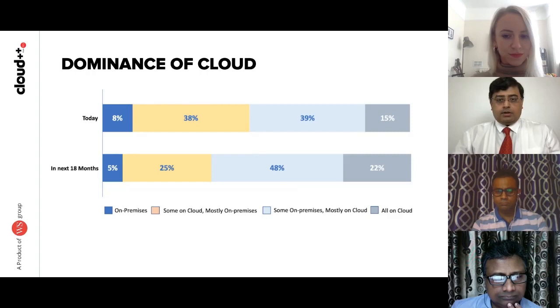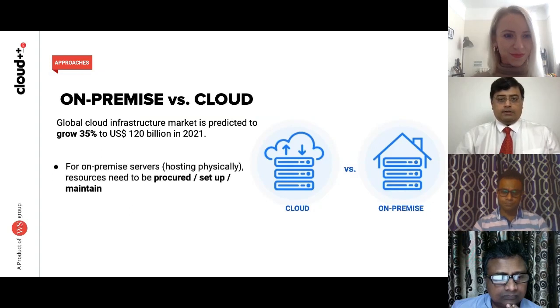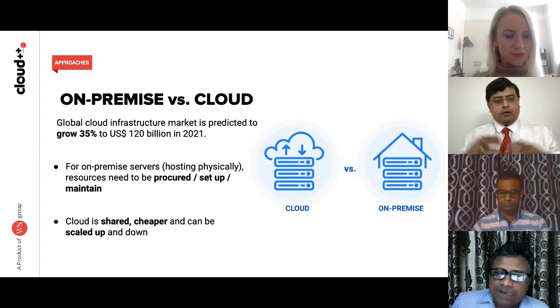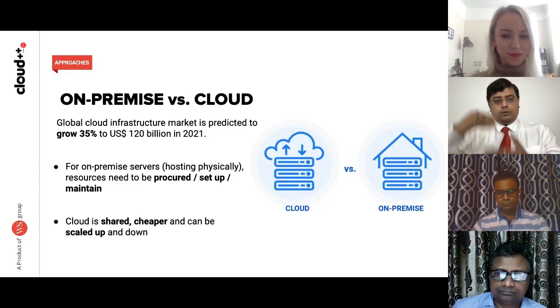Now, that's the reasons. As I said, there are quite a good number of reasons, and one being obviously the initial investment. And on the other hand, there are quite a good number of services. It's not just the physical infrastructure. It's also the services which are on top of that.